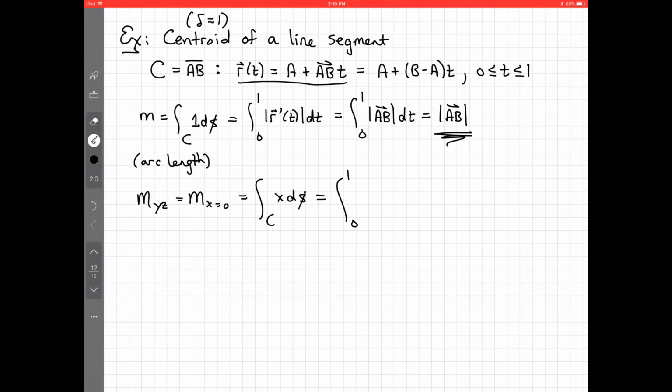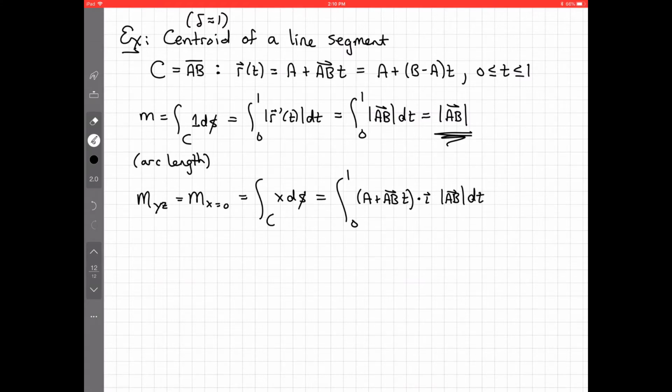Keep in mind that we don't have a parameterization written out in terms of x, y, and z. So I'm going to use a way to peel off the x component, which is to dot whatever vector that is with the i vector, with 1, 0, 0. That'll pick off the x component. And then we multiply it by our ds.